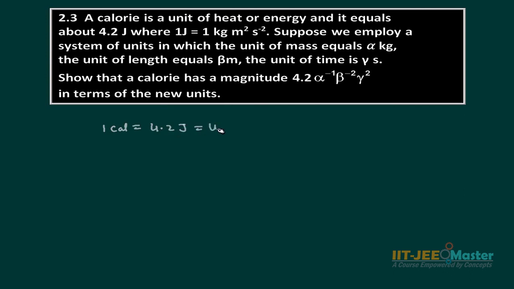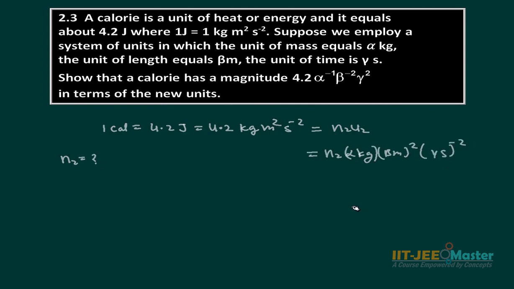Let us see that 1 calorie is equal to 4.2 joule. That means equal to 4.2 kg meter square second to the power minus 2. In the new system of units, we know that U2 is given as alpha kg and beta meter square, also gamma second to the power minus 2.